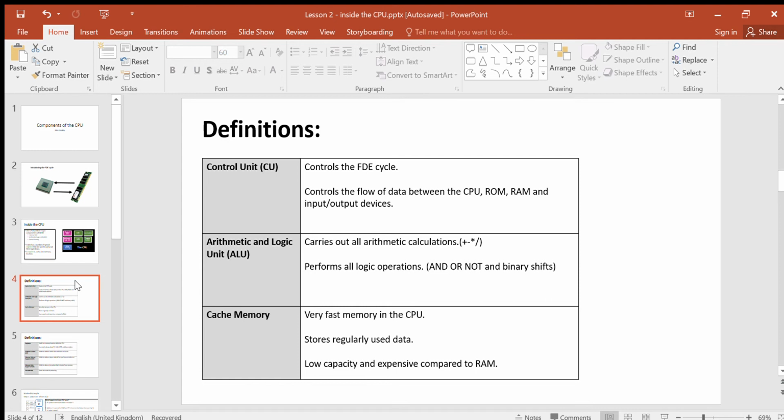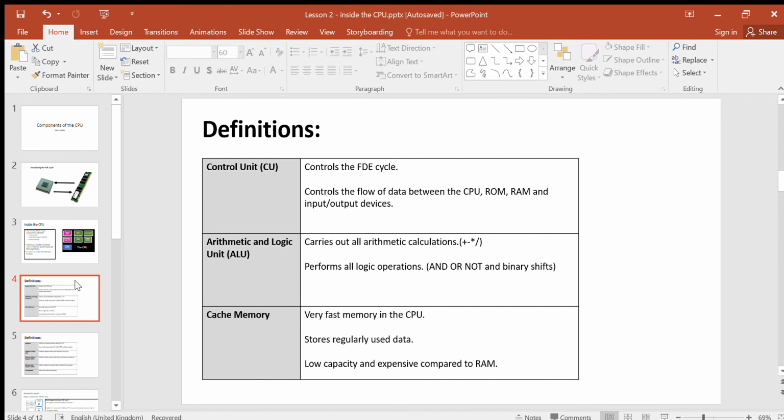Again, the arithmetic and logic unit is self-explanatory in its title. It carries out all the arithmetic calculations. It also performs all logic operations. Binary shifts are an example of the kind of logic operation it would carry out. We've then got cache memory, which, as we've mentioned before, is very fast memory in the CPU, and it stores regularly used data.